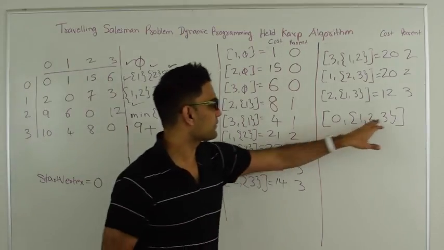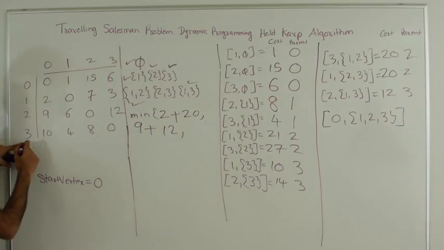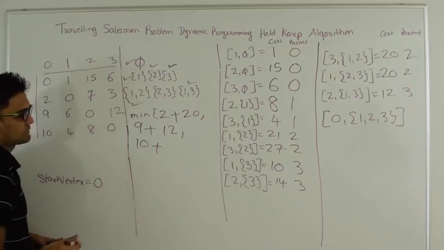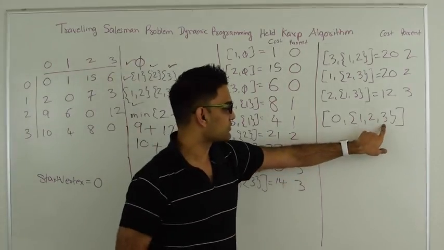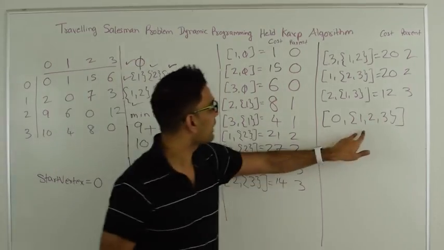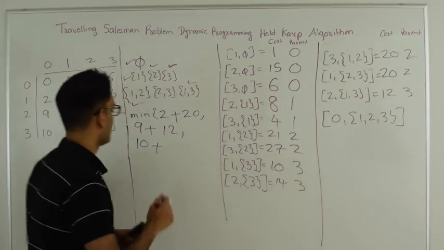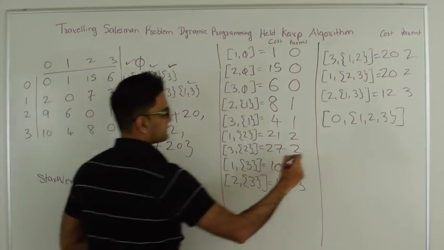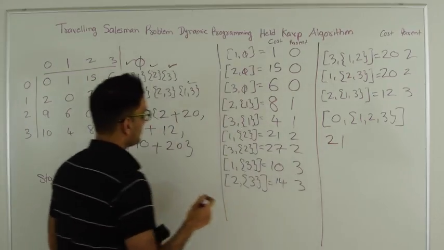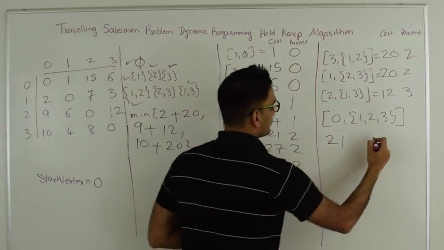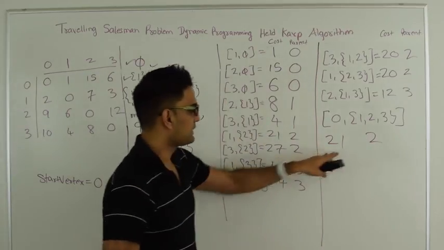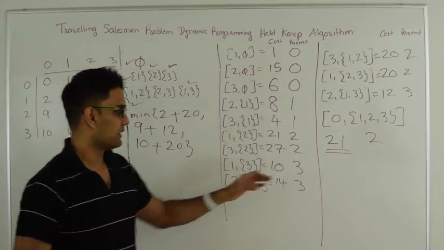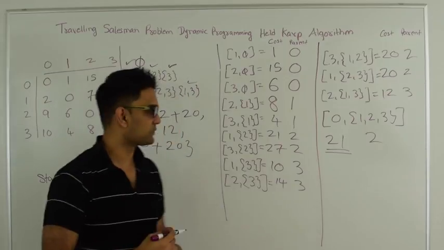Or if the vertex right before 0 is 3, so the cost of 3 to 0 is 10, plus whatever is the minimum value to reach 3 from start vertex 0 going via 1, 2. So that value is 20. So the minimum of these 3 is 21. And we are reaching here from 2. So 21 is the minimum cost Hamiltonian circuit, or is the cost of our traveling salesman's problem.